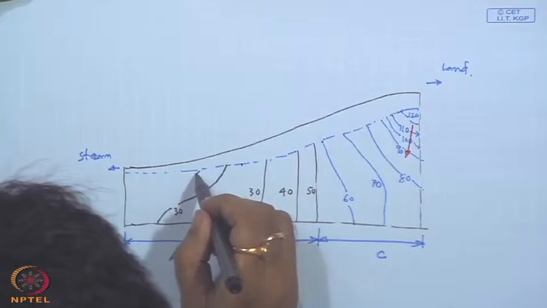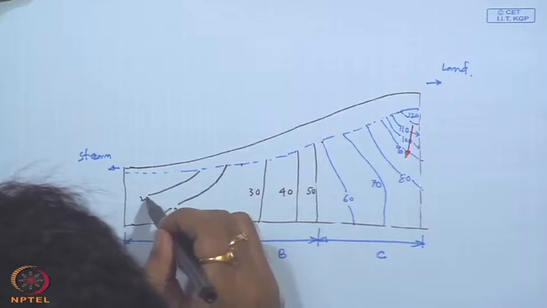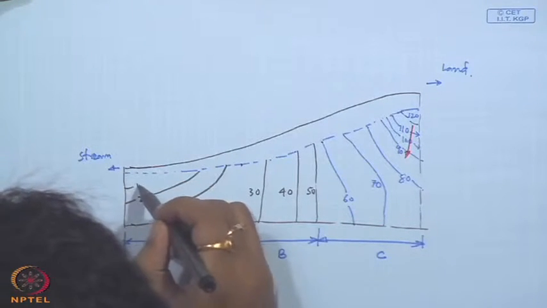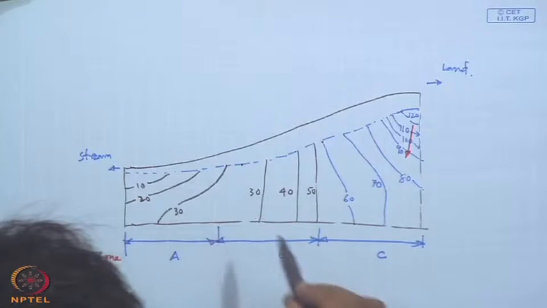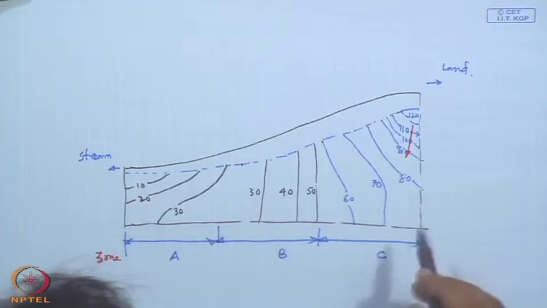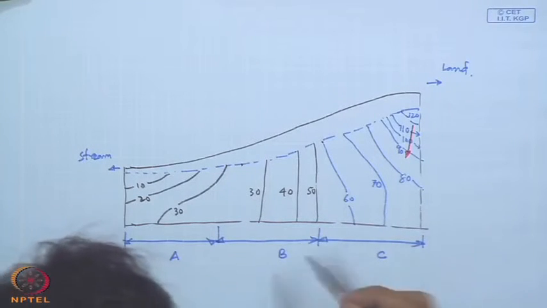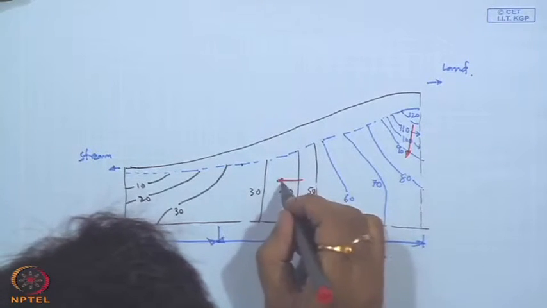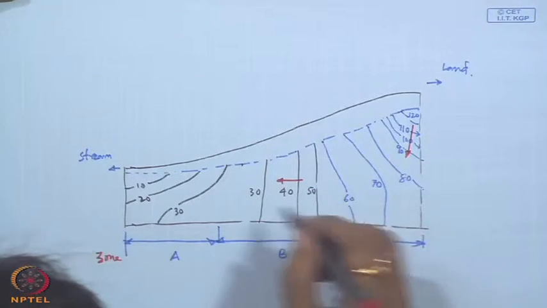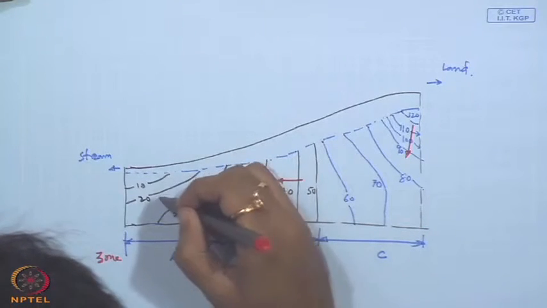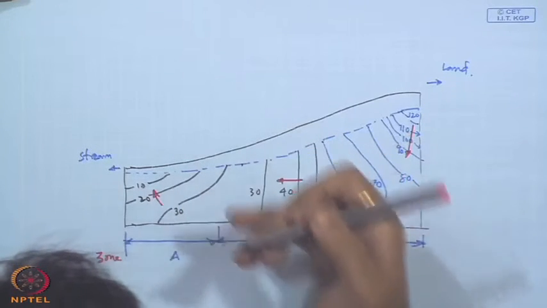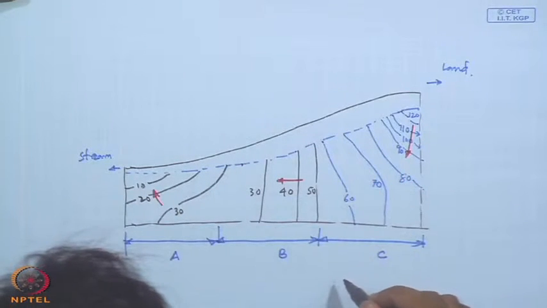There is again a curve kind of contours which will be available. So, in region B there will be horizontal movement of water, and in this region there will be movement of water in the upward direction.